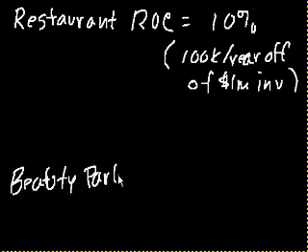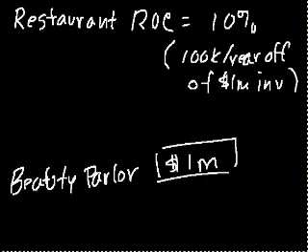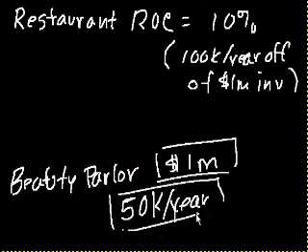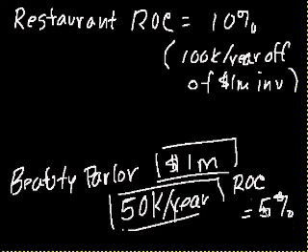And let's say that also costs $1 million, and this beauty parlor gets me $50,000 a year. I think it's very obvious to you already which investment you would rather invest in, because the return on capital on this beauty parlor is only $50,000 divided by a million, or 5%. So this is obvious. You'd rather do the restaurant than a beauty parlor.